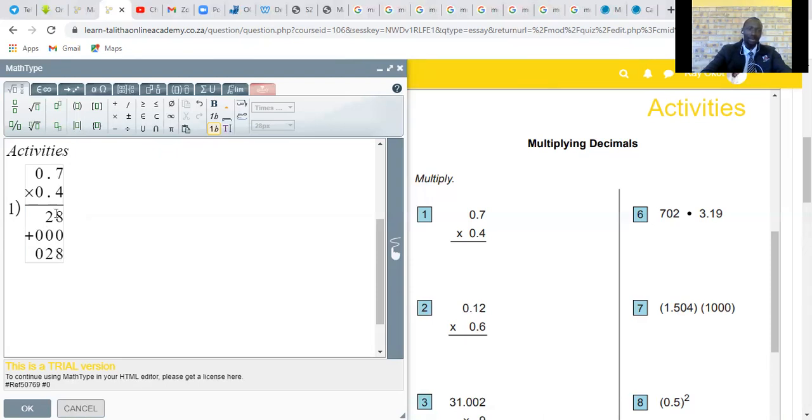Now, the next thing before we write the final answer is we count the number of values after the decimal point. From the first one, we have 1 number. From the second one, we have 1 number. So in total, we have 2 decimal places, in other words, 2 places after the decimal point which are occupied.